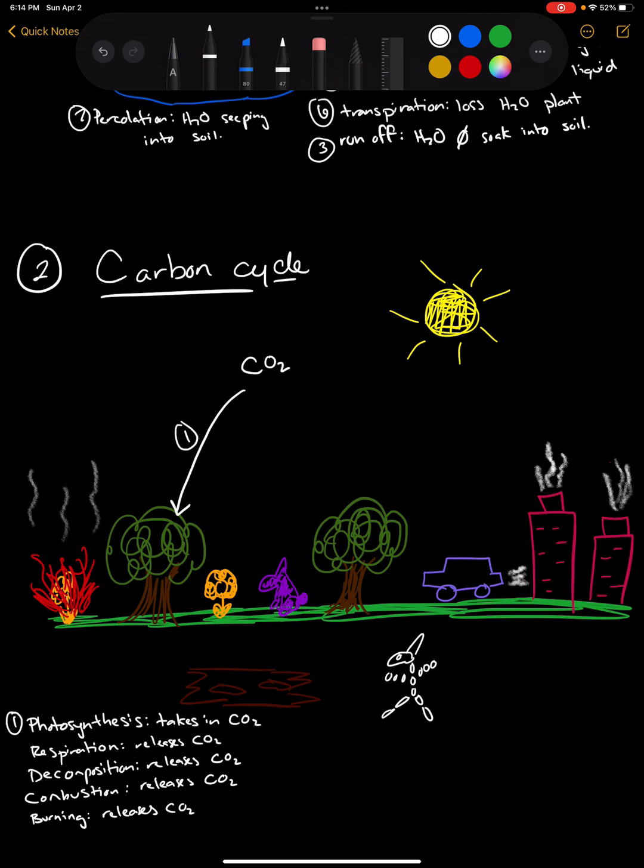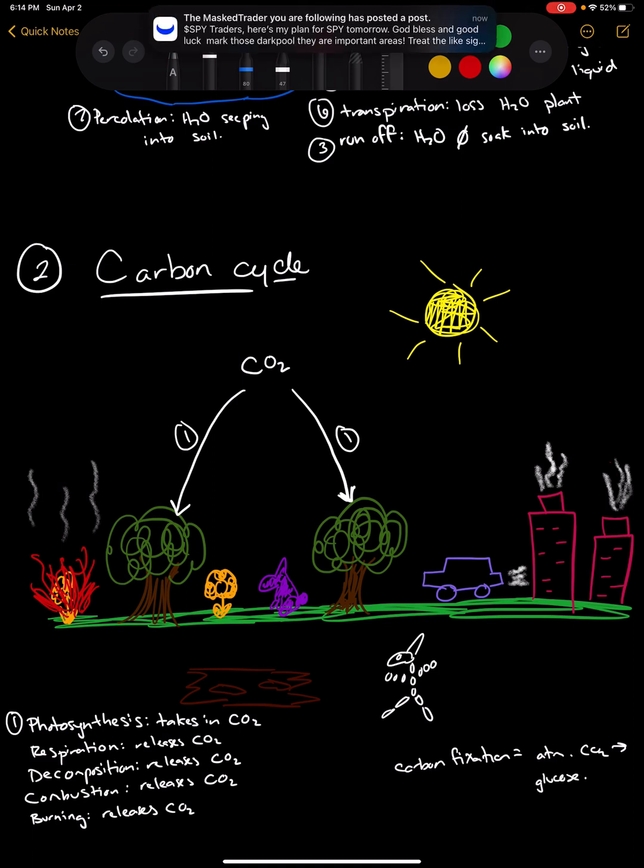So my plants are the only organisms on our pretty little green earth that take in CO2. Right? That's called carbon fixation. So carbon fixation is when I take that atmospheric CO2 and turn it into something usable, like glucose. All right?